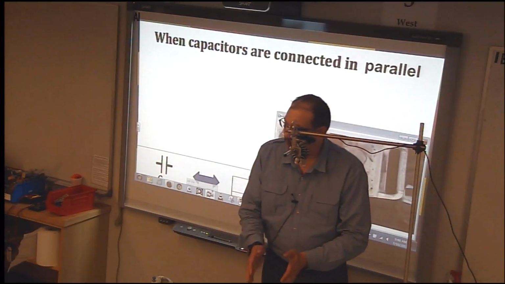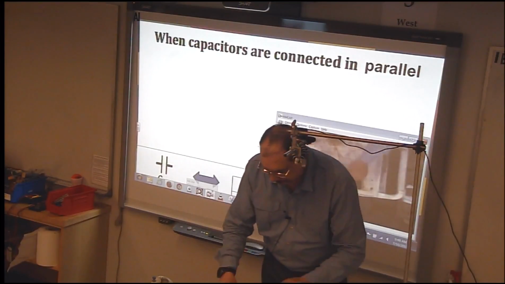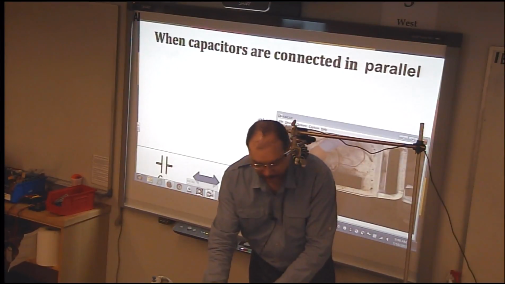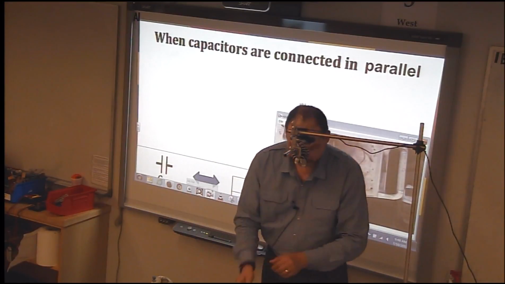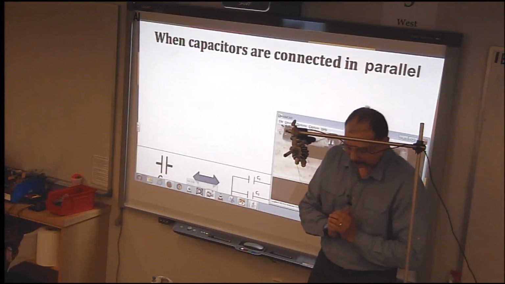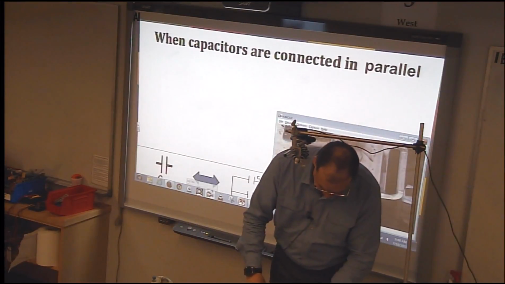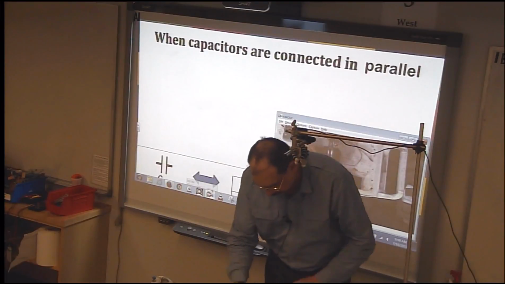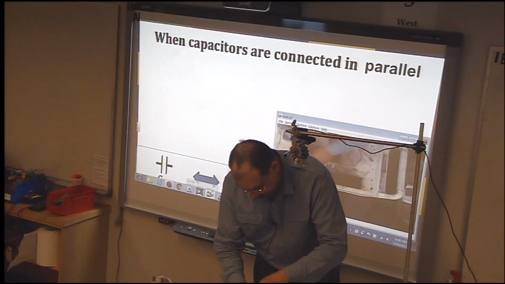That's what we call capacitors connected in series. In parallel, it means we connect positive to a positive and negative to a negative, kind of literally parallel to each other. So I want to connect a positive to a positive and a negative to a negative, like this.